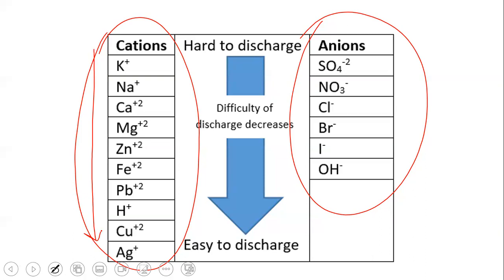So for example, potassium atom, sodium atom: between potassium and sodium, potassium is more reactive. Between sodium and calcium, sodium is more reactive.